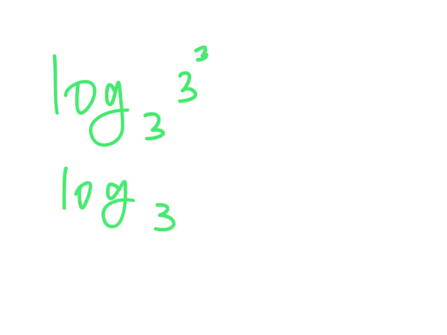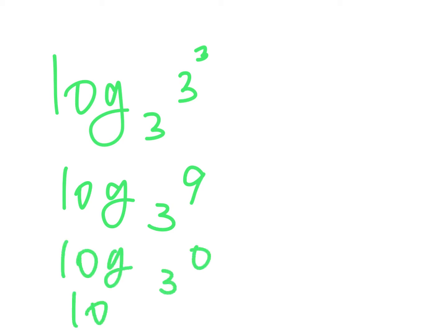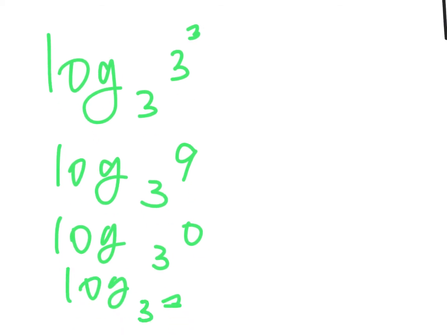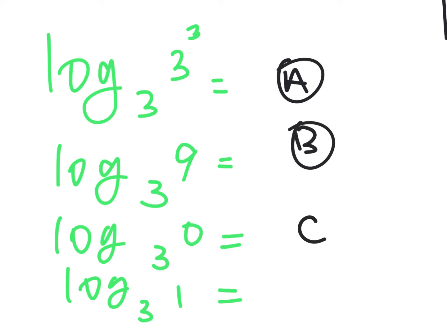Log base 3 of 9, log base 3 of 0, and log base 3 of 1. What's that? That's 4 of them. And we're going to call them A, B, C, and D.